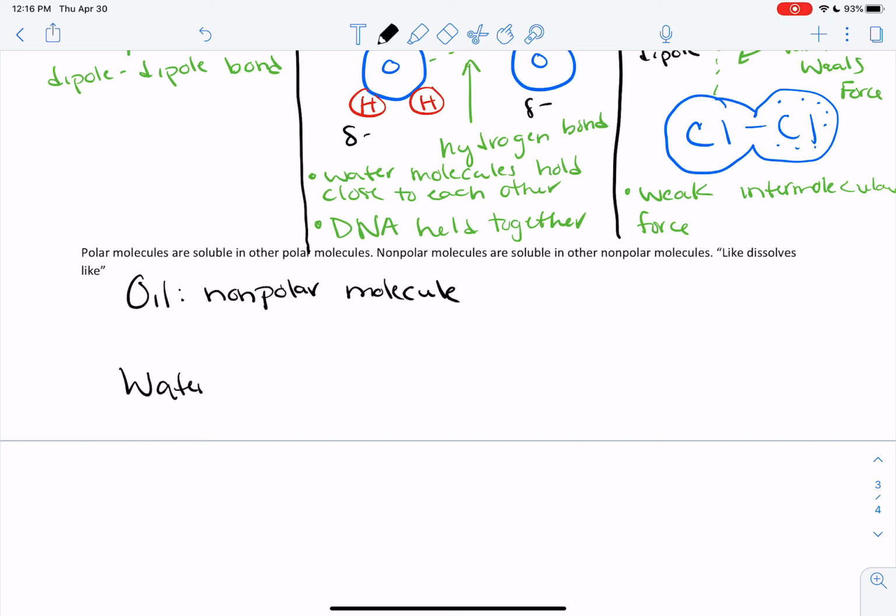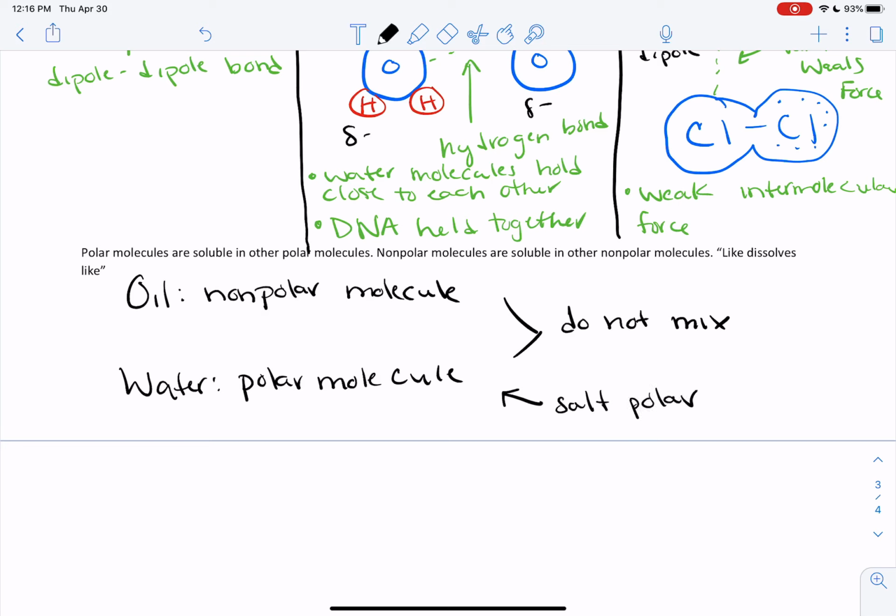Water, we've already talked about, is a polar molecule. And you know that oil and water do not mix. That's because they have different polarities. However, you can mix water with other polar molecules. So for example, salt is polar, so it would dissolve in water, but not in oil.